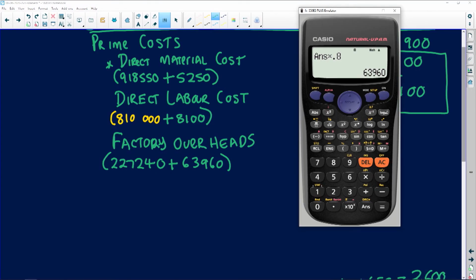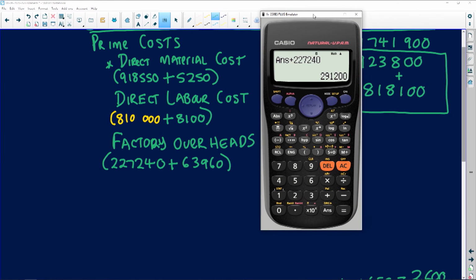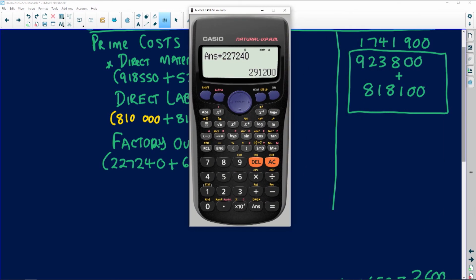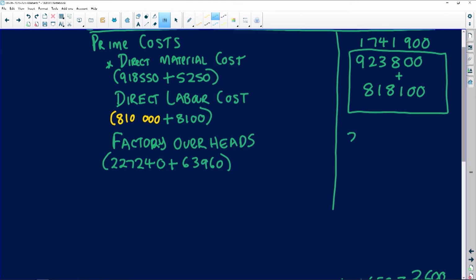Right, so factory overheads almost calculated, so plus 227,240, and that gives me my total factory expenses, an amount of 291,200, okay? Right, so we're now ready to calculate what was our total manufacturing cost. So my total manufacturing cost.